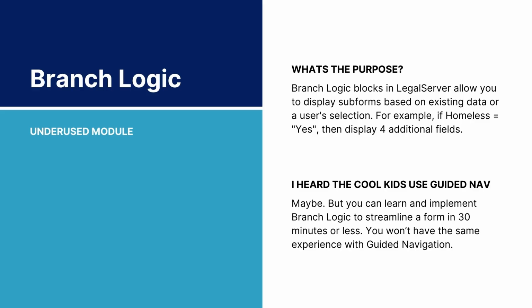A very simple example: somebody's filling out an intake and is asked about the client's current living situation. If they selected rents an apartment, nothing would happen. Rents a house, nothing would happen. But if they select homeless, then you want four additional fields to pop up on that form. You would do that through branch logic.